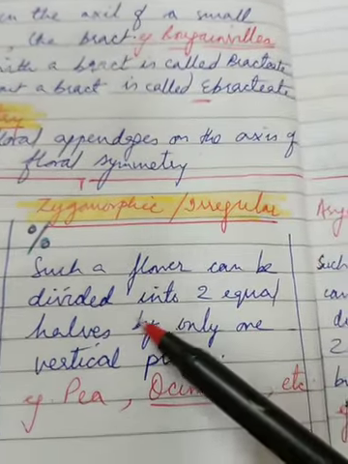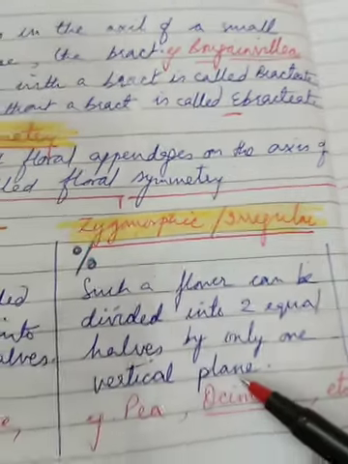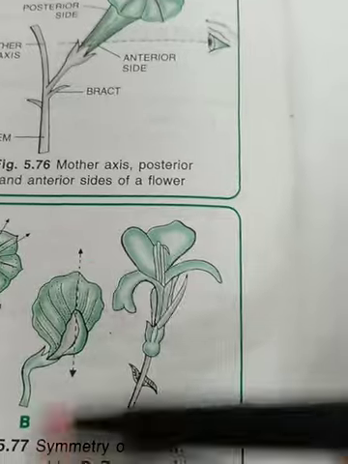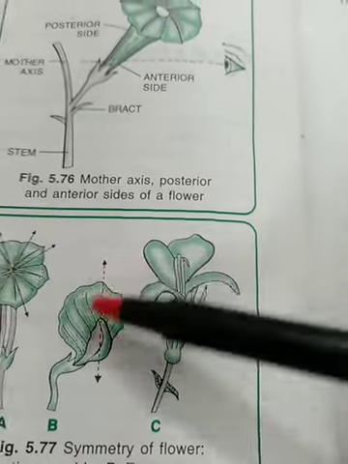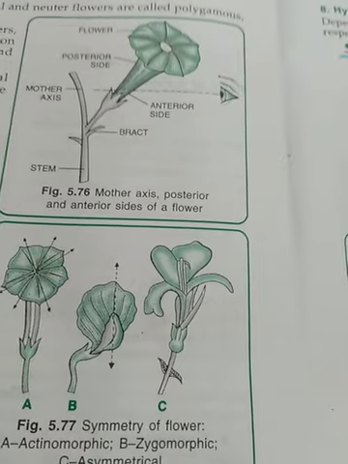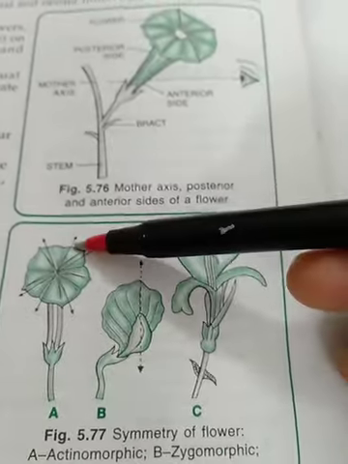So this is the definition: a flower which can be divided into two halves by only one vertical plane. So in this case, children, only one vertical plane is possible, not like this, but only in the other direction. It's called zygomorphic or irregular. So how is it different from the previous?